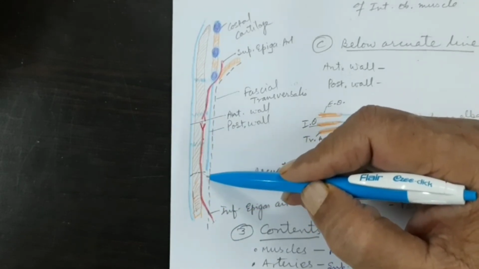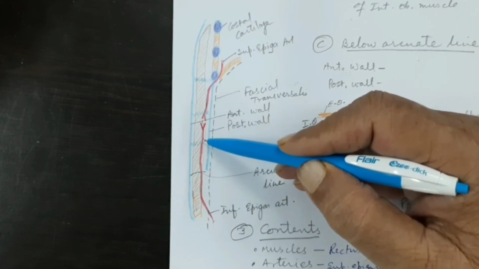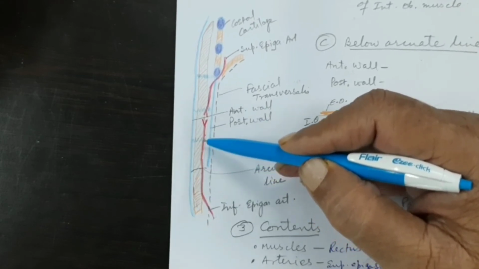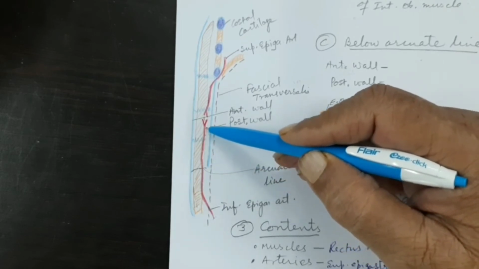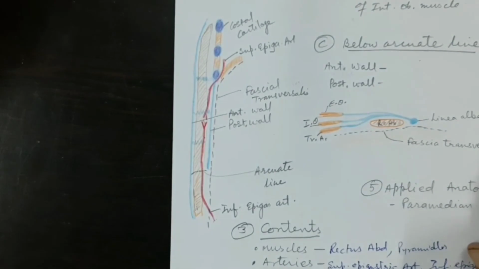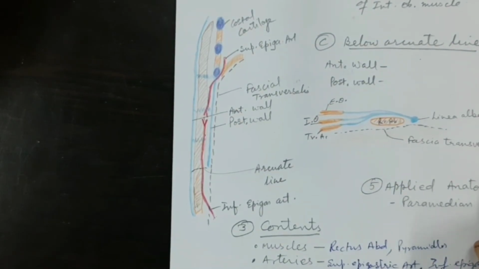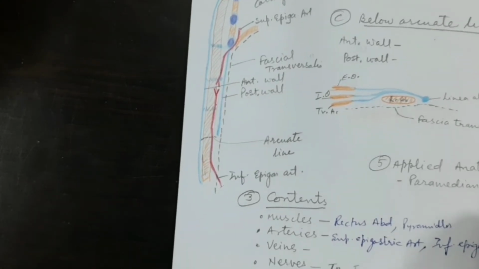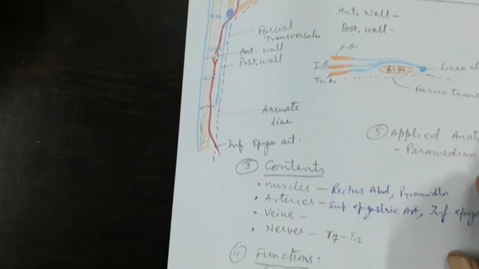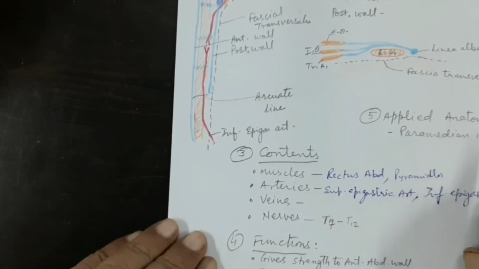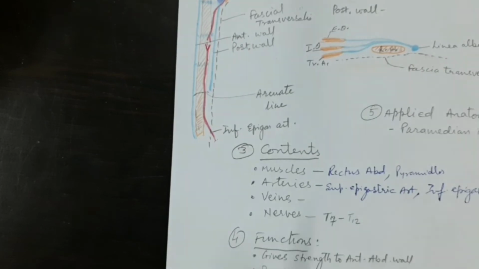So from the arcuate line it goes inside the rectus sheath, between the anterior and posterior layers of the rectus sheath, and then it will pierce the muscle and anastomose with the superior epigastric artery. So these are the two important arteries present in the rectus sheath. They will supply the neighboring area, I mean the rectus abdominis muscle.